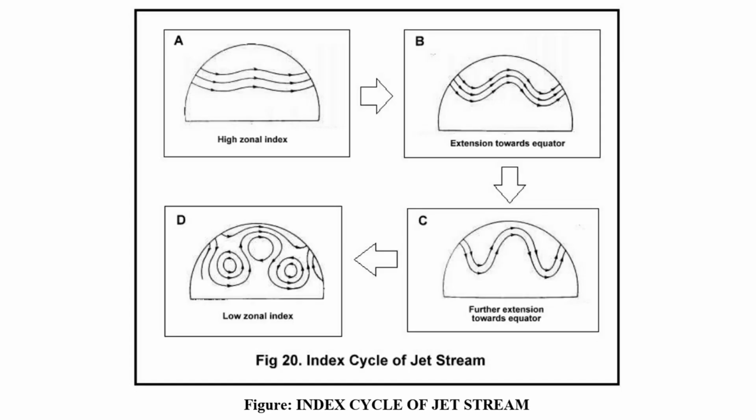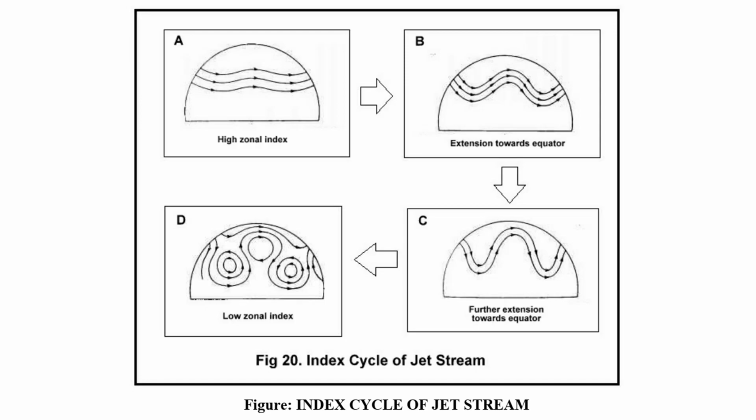So as the jet streams start moving, they have these four indices. This is called the index cycle of the jet streams. The high zonal index is the initial phase of jet streams.